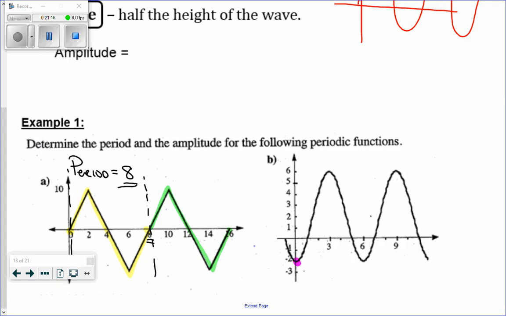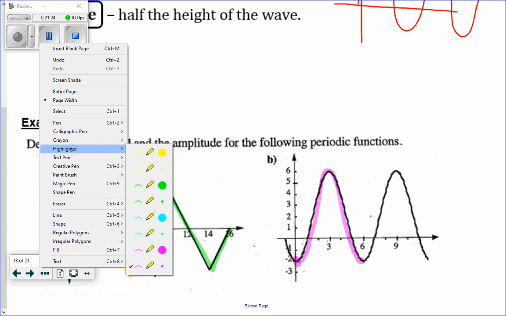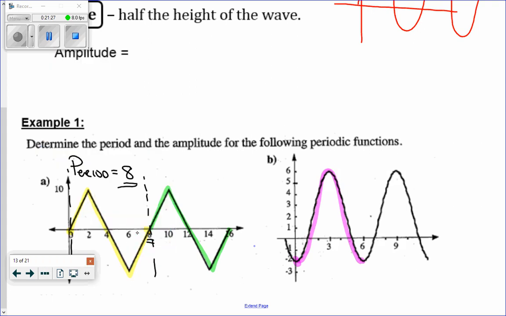So if I start here, I'm going to go up, and then I'm going to come back down. And then the pattern repeats itself. It's going to go up, and it's going to come back down. So how long is it from there to there? What's the period? 6.